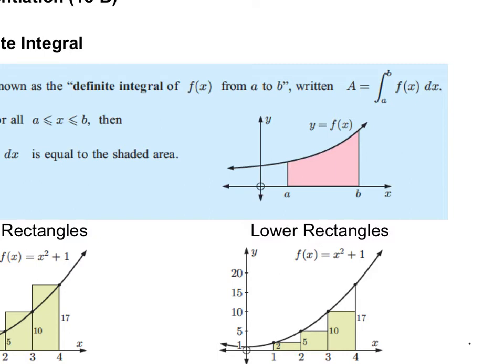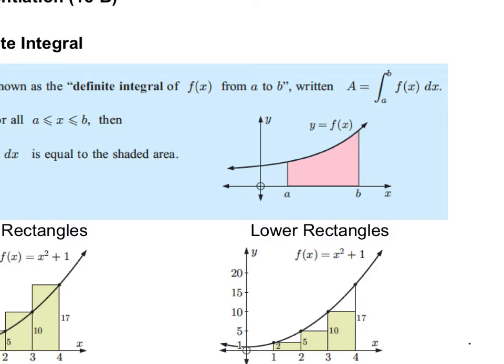Really, for IB calculus, the level of integration you guys have to do is very basic compared to, say, AP calculus. Now, that doesn't mean it's easy and you can just cruise through this. You still are going to have to work at it here, but it's nowhere near as difficult as it could be. We'll just say that.